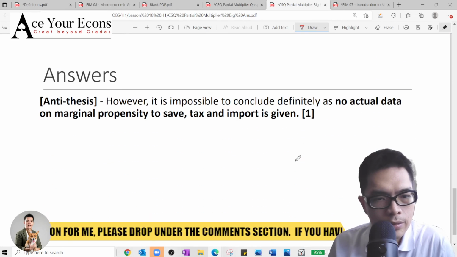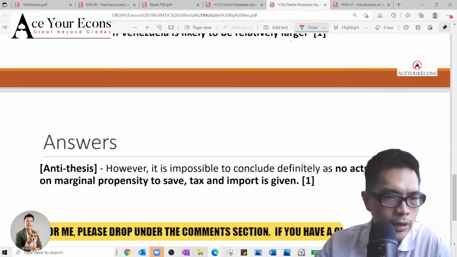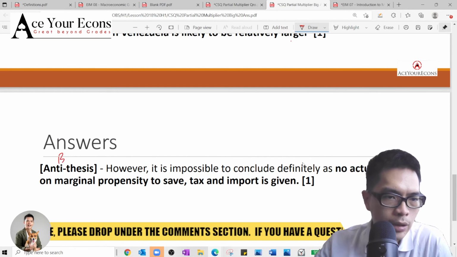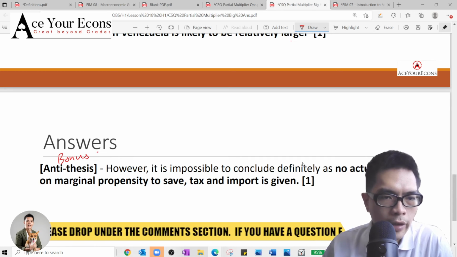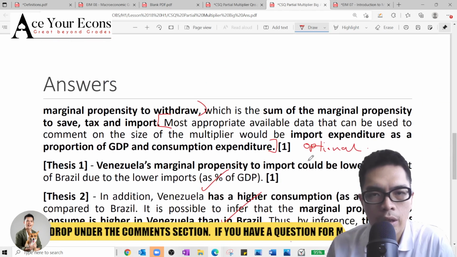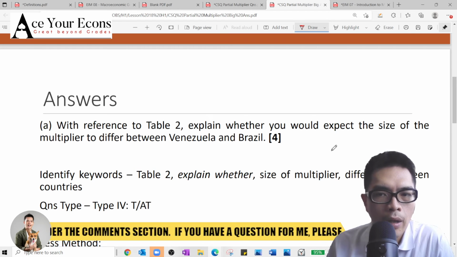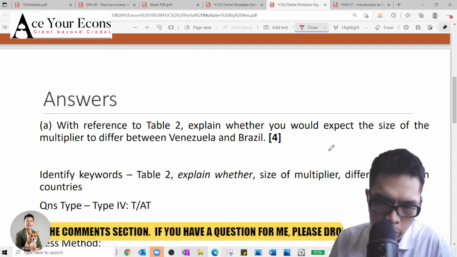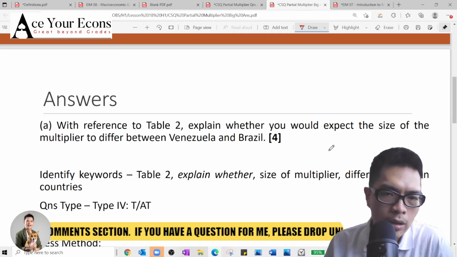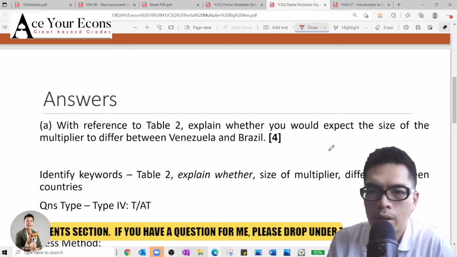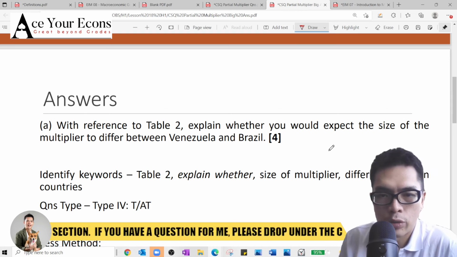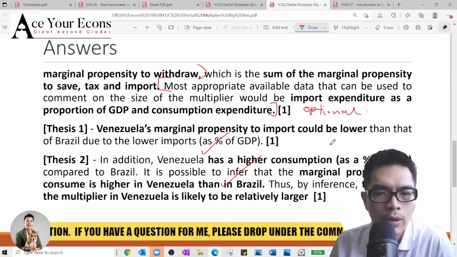And the antithesis, this is the brownie point or the bonus here. What could have illustrated otherwise? The antithesis is asking you what could prevent you from reaching the outcome that the size of the multiplier is greater in Venezuela as compared to Brazil.